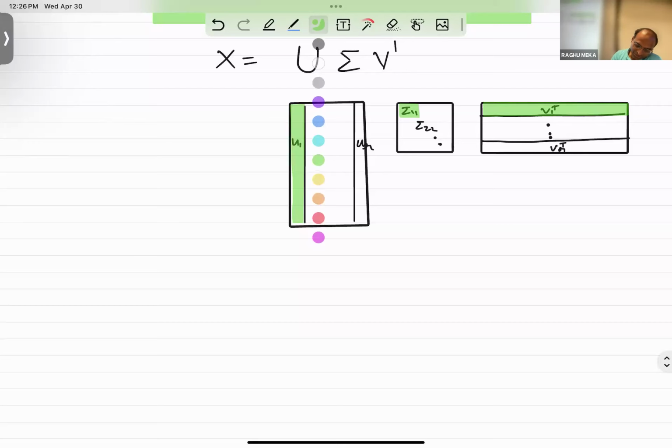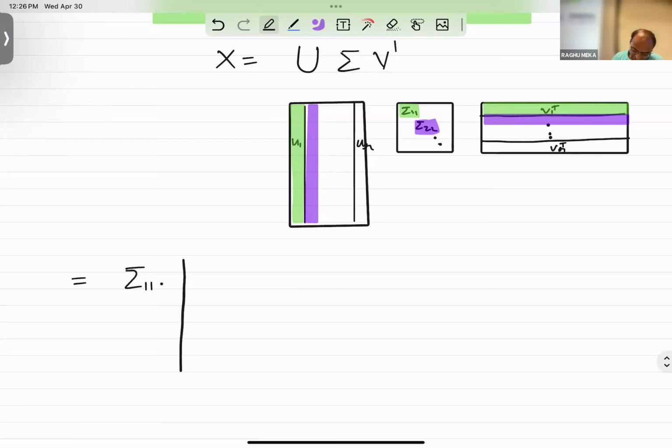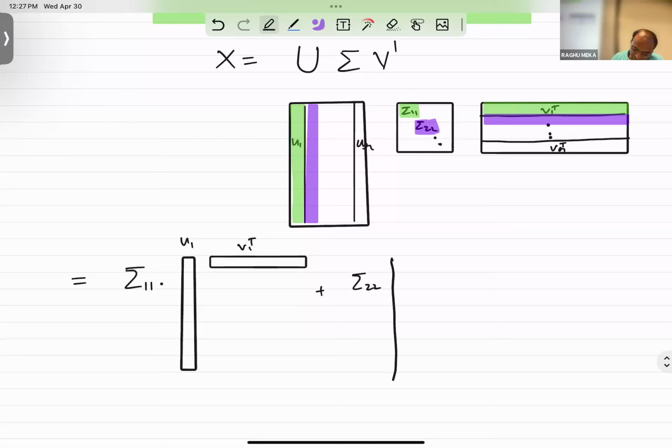If you expand it out, then the second column would be like this, and so on. So one other way to write this down is that this is just sigma_1 times u_1 v_1 transpose plus sigma_2 times u_2 v_2 transpose, and so on.